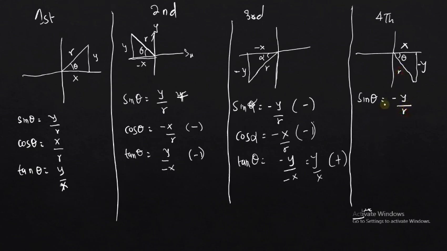Negative y over r, which is negative. Our cos theta will give us x over r, which is positive. Tan theta will give you negative y over x, and this is negative.